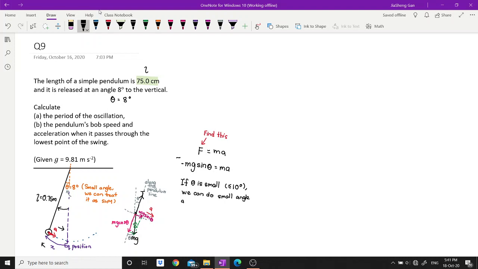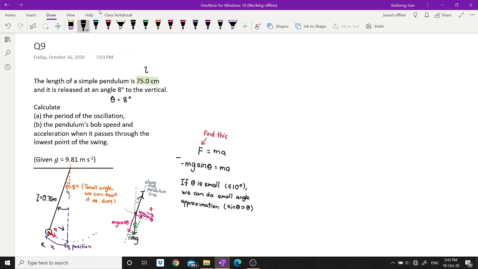It's a property of sine actually. What does small angle approximation mean? It means if your angle is small, your sine theta will be about the same as theta itself. Sine theta is almost equivalent to theta. You can try to key it in. Remember, do it in radian form.